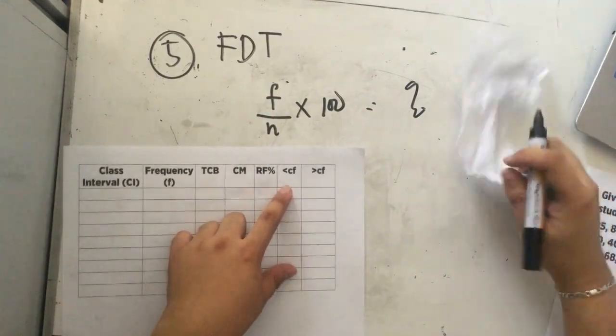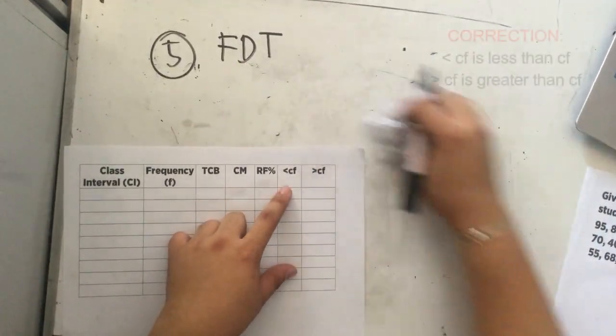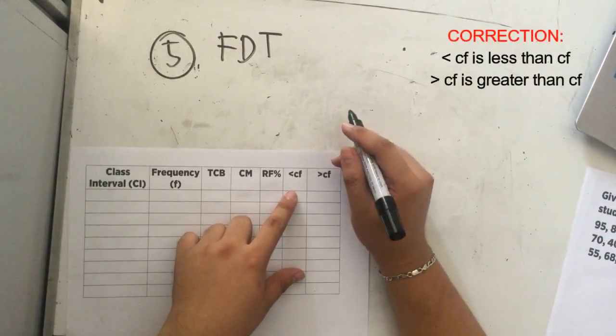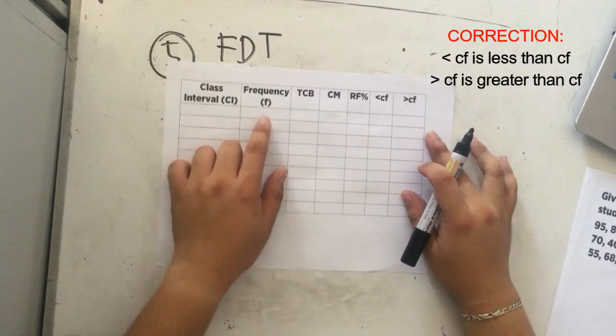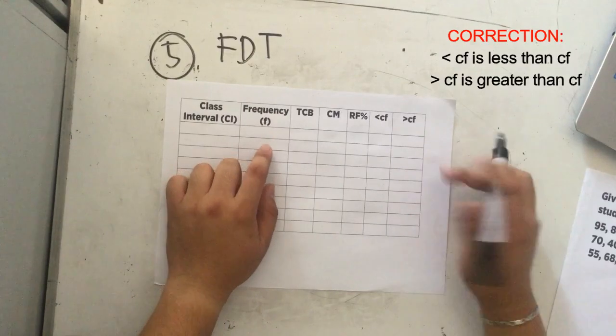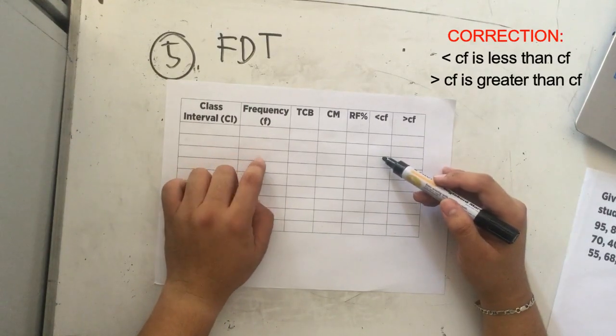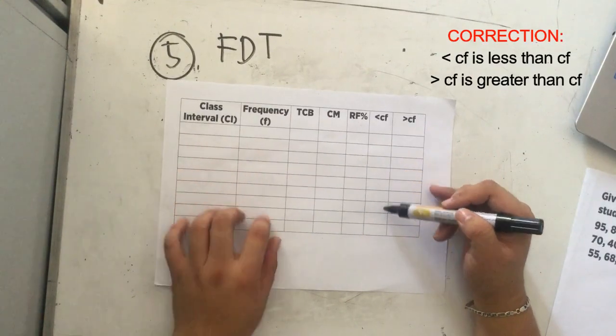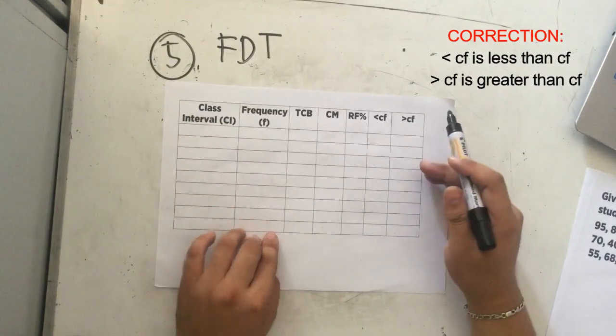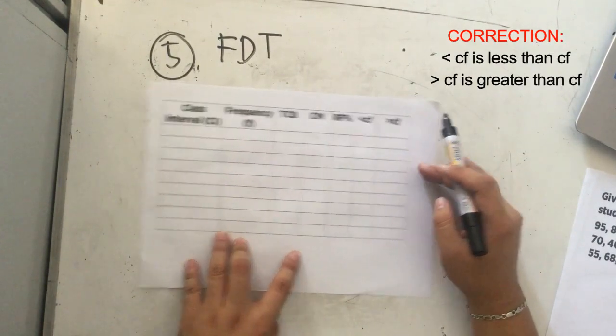Okay? Next, we have our greater than cumulative frequency. So, greater than cumulative frequency is just summing up the frequency. So, yung frequency dito, we just add that para makuha natin yung next frequency. Ina-add lang natin siya hanggang maabot yung number of frequency natin.